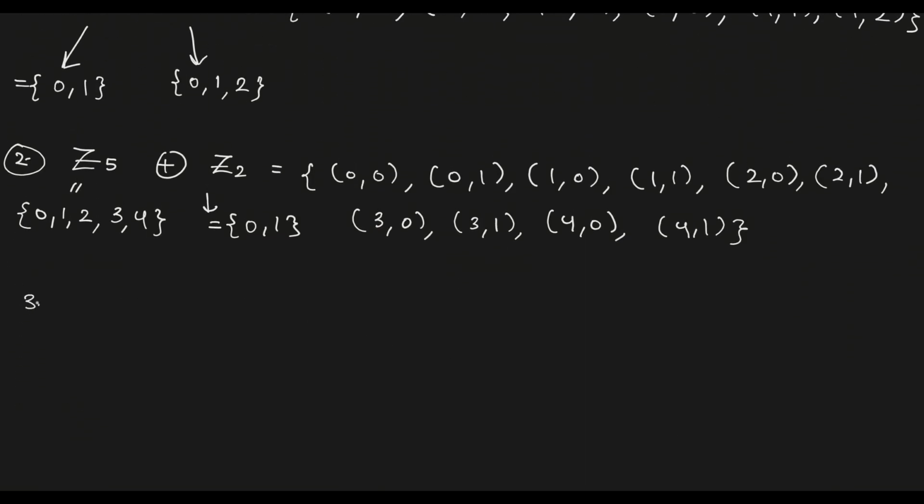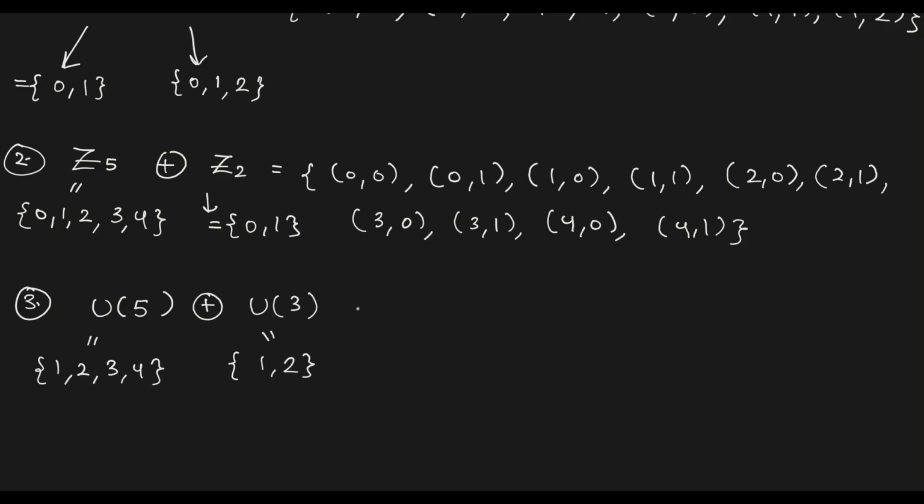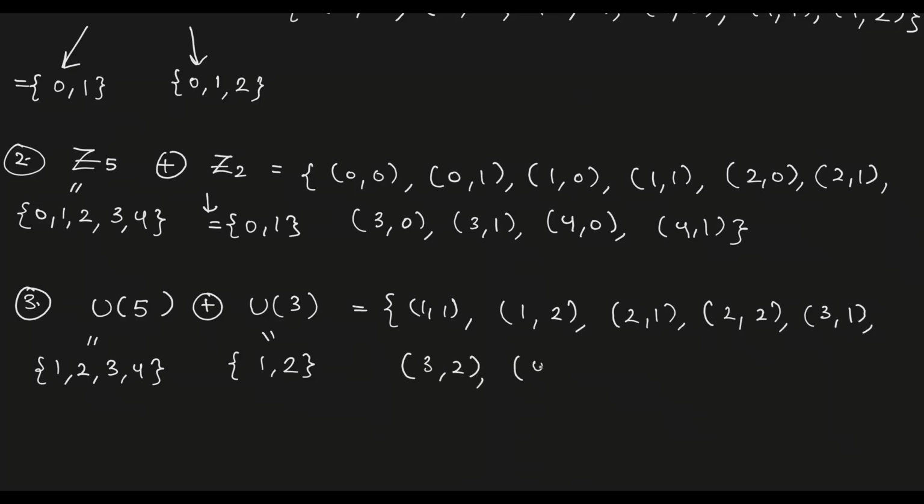Third, U5 direct sum with U3. So elements of U5 are 1, 2, 3, 4. Elements of U3 are 1 and 2. So this will be (1,1), (1,2), (2,1), (2,2), (3,1), (3,2), (4,1), (4,2).